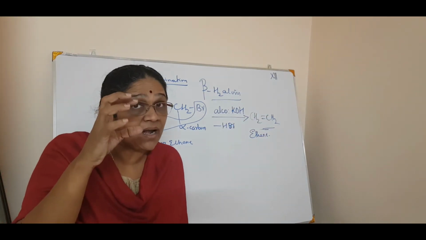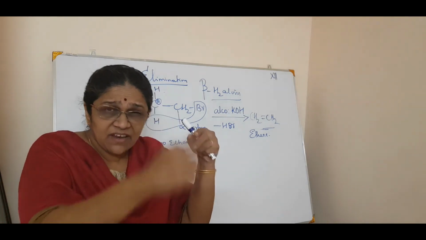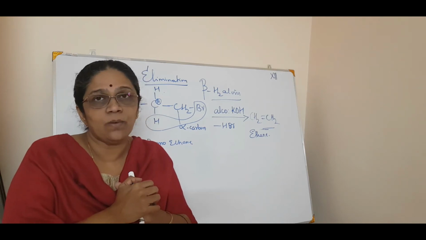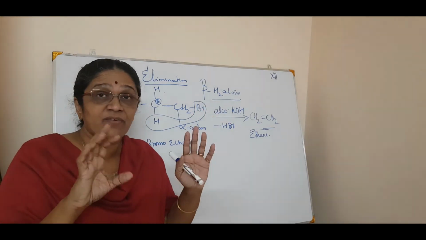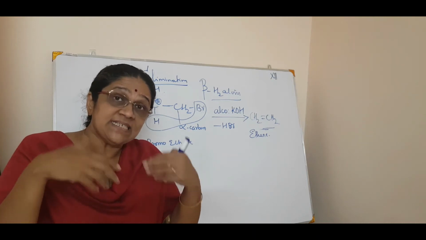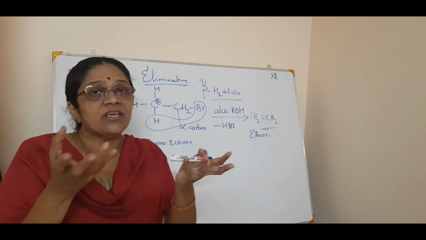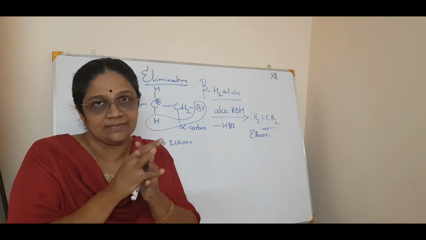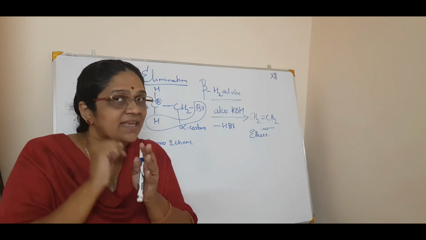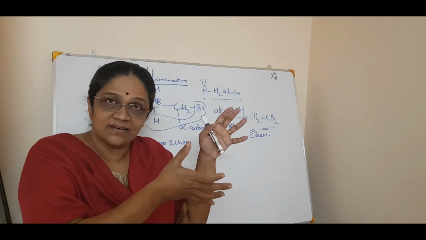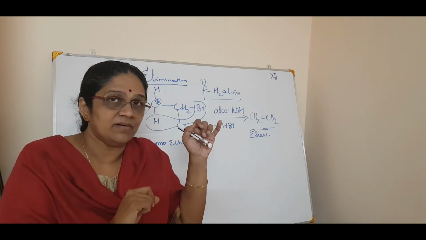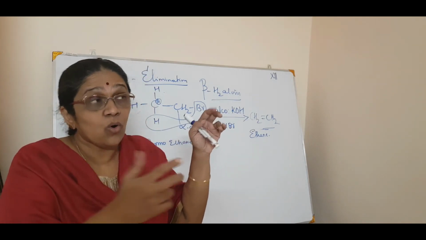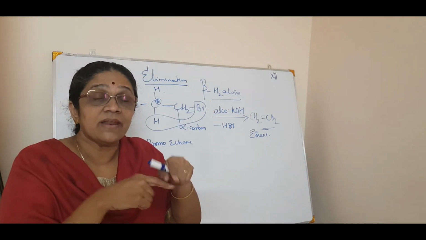See, if it is a bulkier group, then it is very, very difficult to get into that alkyl halide, isn't it? Bulkier group means we are not talking about C2H5 or C3H7. You are talking about C7H something or like that. So much bulkier group is our nucleophile. Then it cannot enter and make a bond with that halide. So then what happens? In that case, if our alkyl halide has a beta hydrogen atom, it will undergo elimination reaction rather than what?